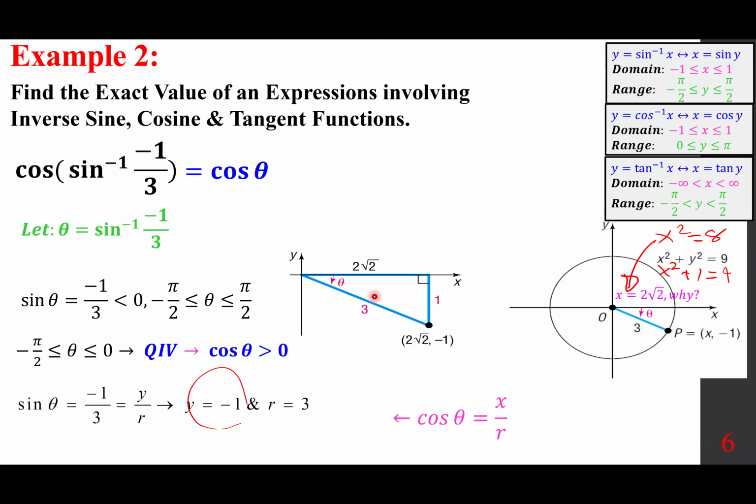So second quadrant, tangent is negative. Now, cosine is x in the case of a unit circle, it's x over r in this case. So if it's x over r and r is always positive, then x must be negative 1.